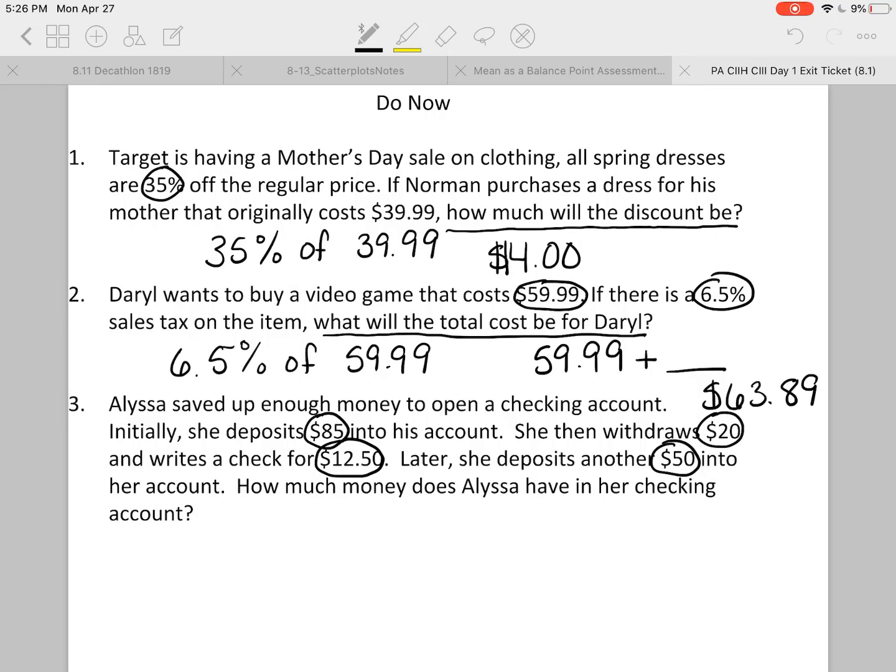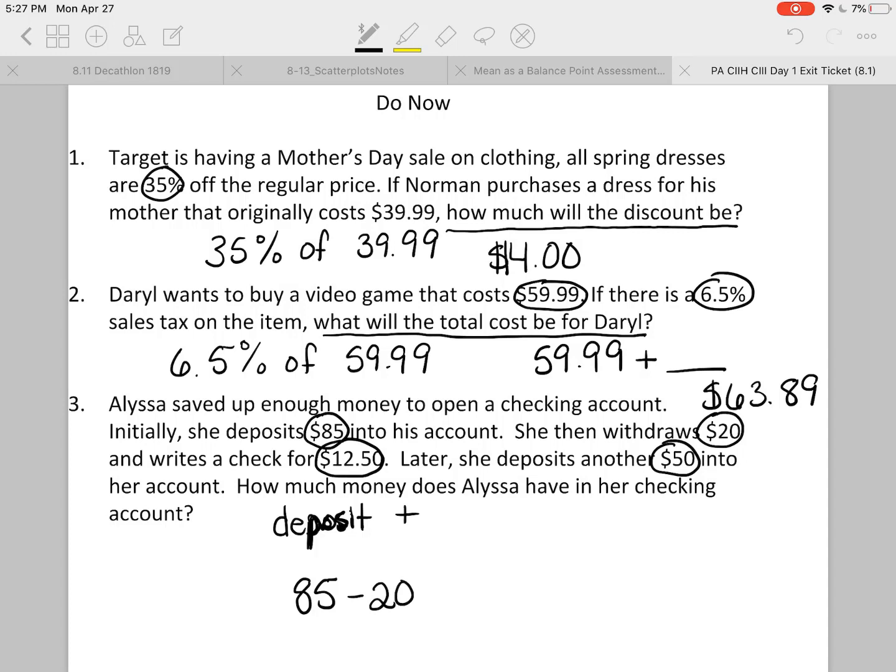So it's important to remember which of these is positive or addition and which is negative or subtraction. Deposit is always addition or positive. It even has the first part of the word positive in it. So she's initially going to deposit that 85, so that's positive 85. When we withdraw money, we're taking money away from the bank account, so that is subtraction.